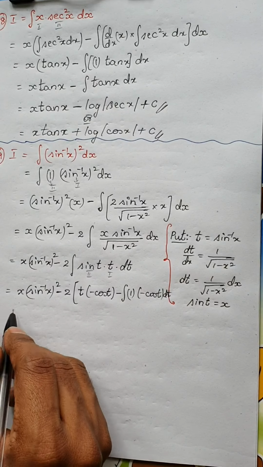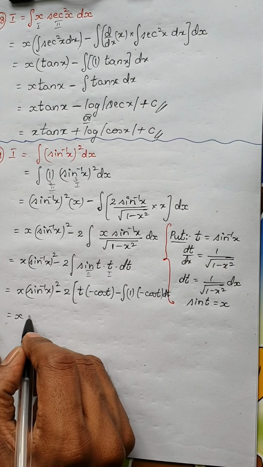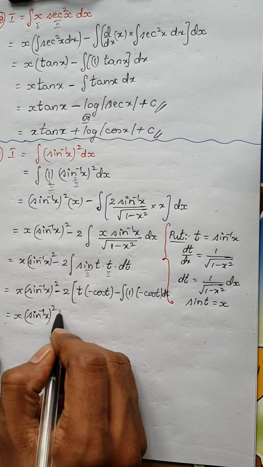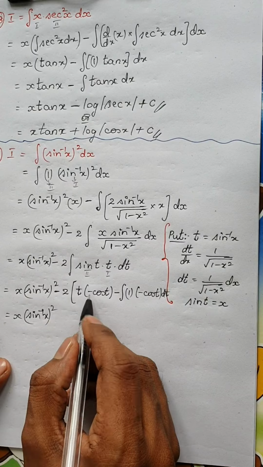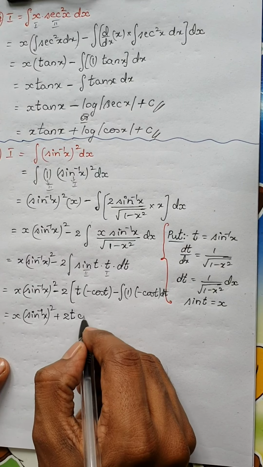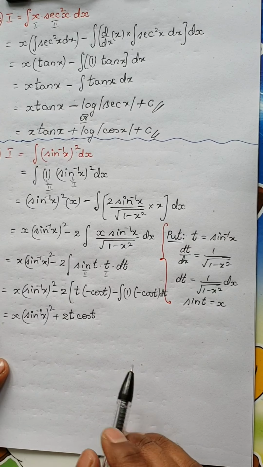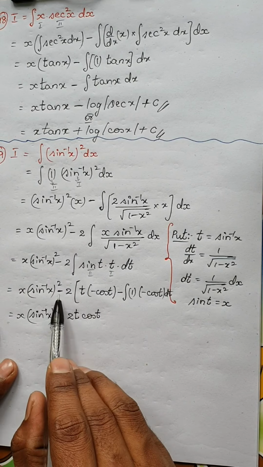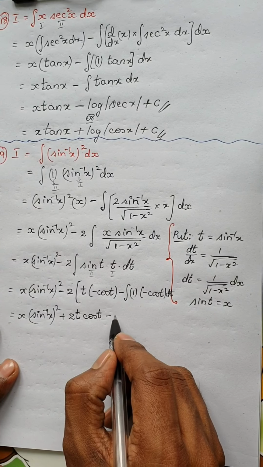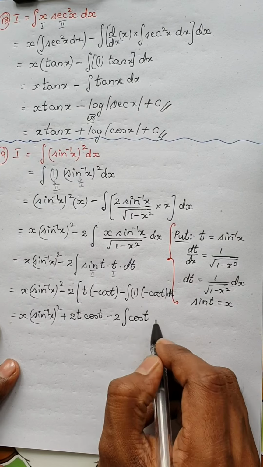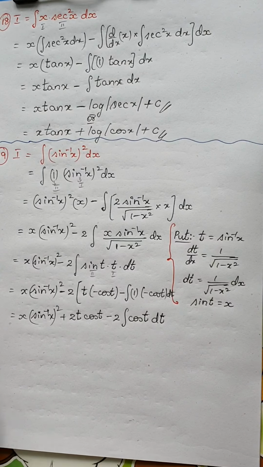So see what happens. This is x into sine inverse x whole square. Now minus of minus becomes plus 2t cos t. Because I have minus here again, I'll get minus 2 into the integral of cos t dt.